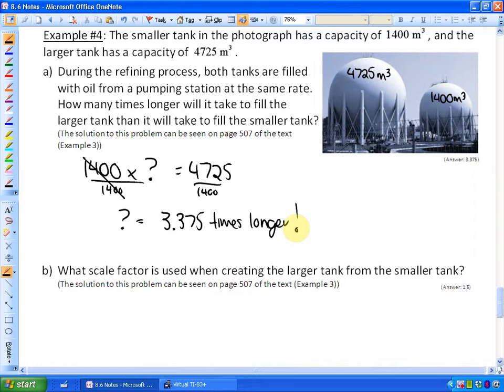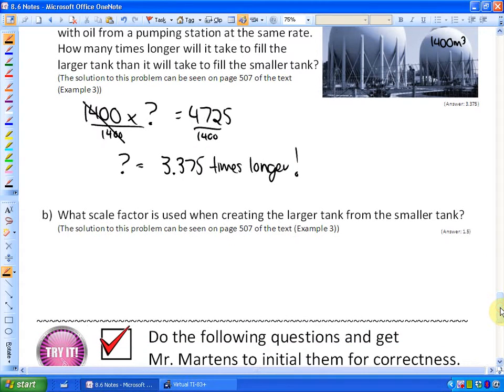Part B is which scale factor is used when creating the larger tank from the smaller tank. Well, what we know are the volumes. So we know the volume relationship, and I'm going to solve this entire question with this, because the original question has volumes, so we use the volume relationship.